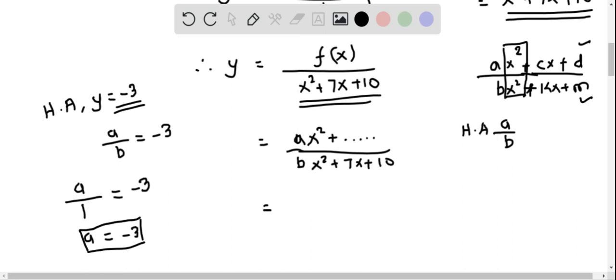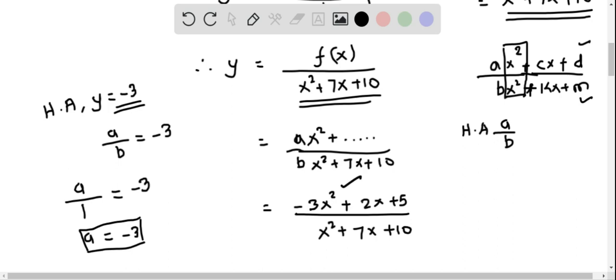So we can put -3x squared, and we can put any other terms in decreasing powers of x, like 2x plus 5. This is one type of polynomial, and the denominator polynomial is x squared plus 7x plus 10. The most important thing is that it should be of degree 2, that is, it should have an x squared term.